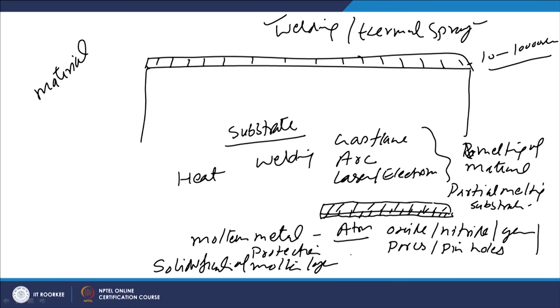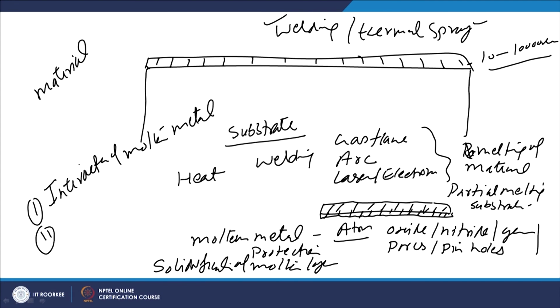So basically there are two things: one is the interaction of the molten metal with the surrounding gases during surface modification, and the second is the solidification of the molten metal during surface modification by the welding based approach.